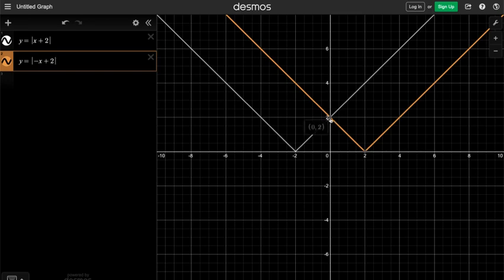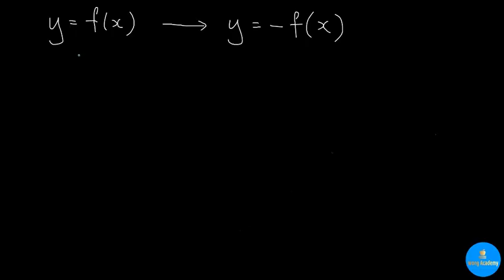To conclude, if the equation y equals f(x) is now changed to y equals negative f(x), then the transformation of the graph is a "vertical reflection" because we are changing the output value. However, I have to put that in quotes because nobody actually says vertical reflection.